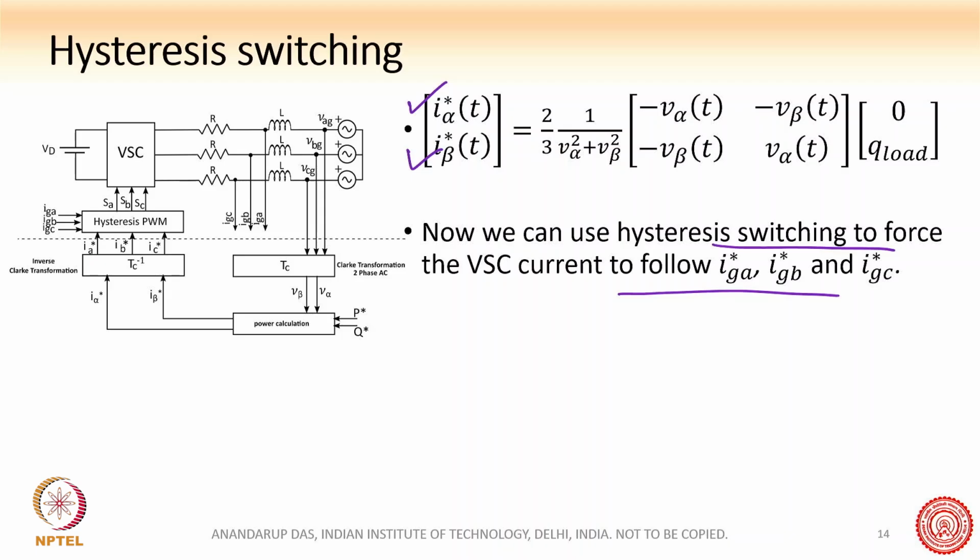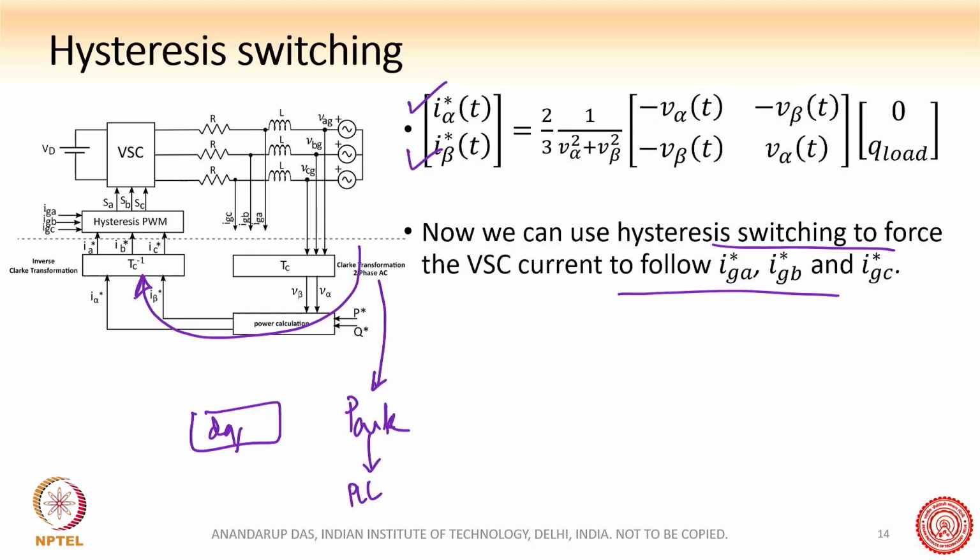So by using the Clark's transformation only and not going into Park's transformation. If you remember, earlier we had used a Park transformation, and then we used the PLL, and then we had the DQ control here. But now we have bypassed that. We have directly gone through the Clark transformation.